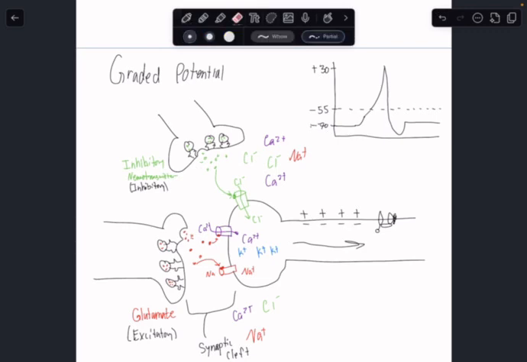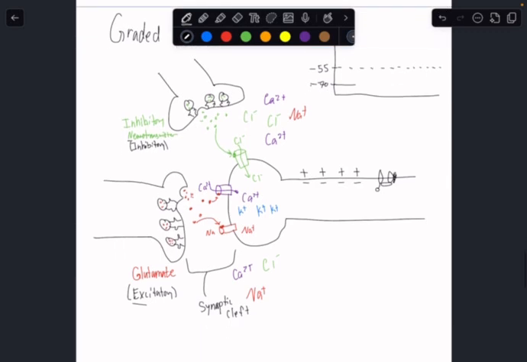What we have with a graded potential, oops, I want to erase the whole thing. Here with the graded potential, we have our synaptic cleft, where we have our presynaptic terminal and then our postsynaptic terminals right here. 2 different neurons. One's an inhibitory neuron, and then we also have an excitatory neuron.